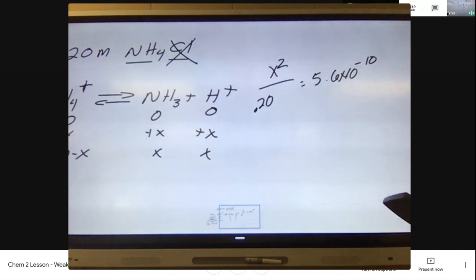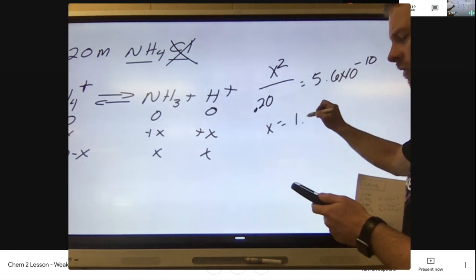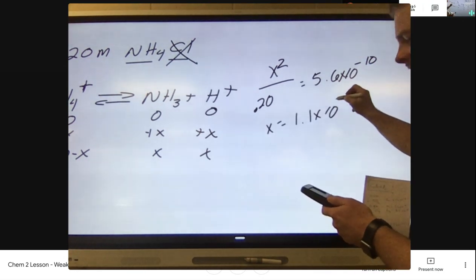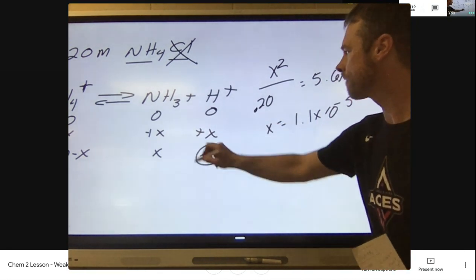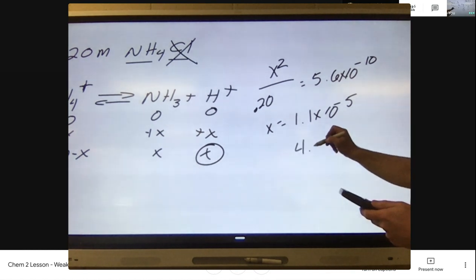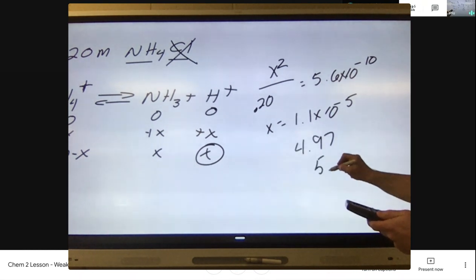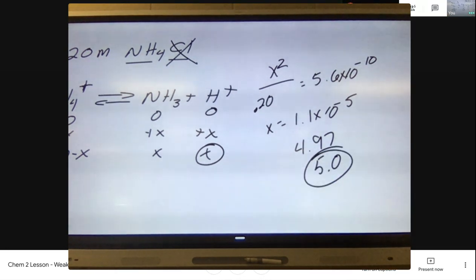So 5.6 e negative 10 times 0.2, square root. X for us is going to be equal to about 1.1 times 10 to the negative 5th. Now, this is H plus, so the negative log of that number will give us 4.97, or if you want to go 5.0, I don't really care. It gives us an acidic pH.